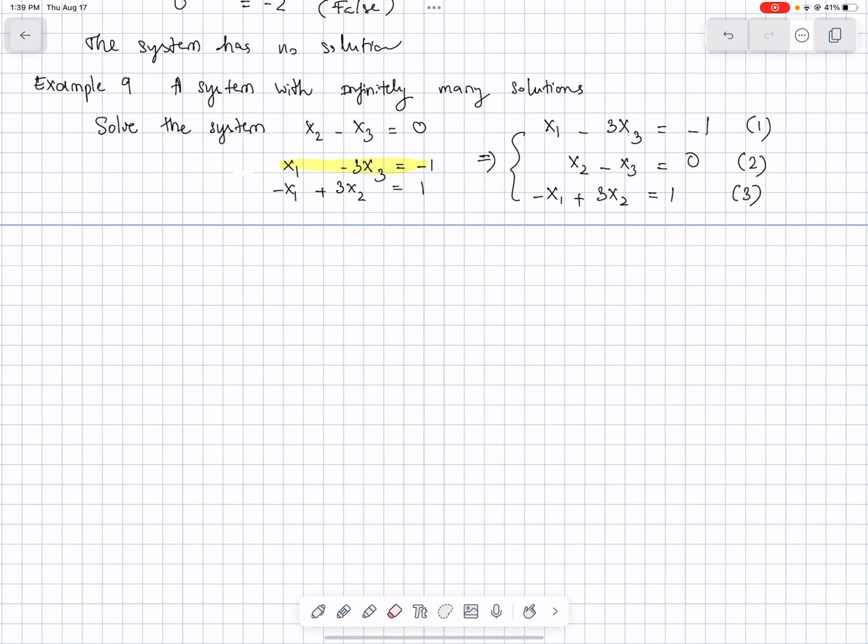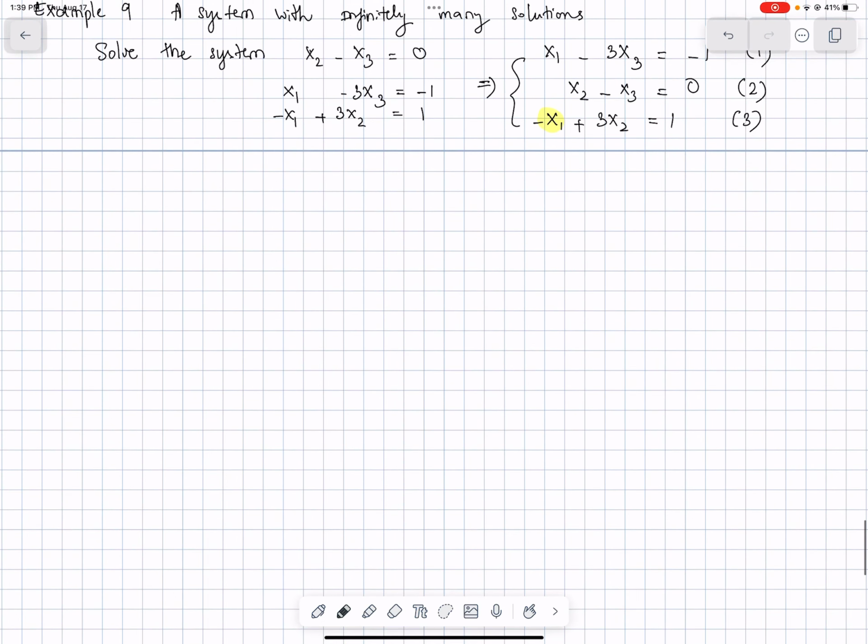Then we will eliminate x1. We eliminate x1 for this third one because x1 is already eliminated in the second. So first of all, let's keep the first equation again, and for the second one there's nothing to do because x1 is already eliminated.